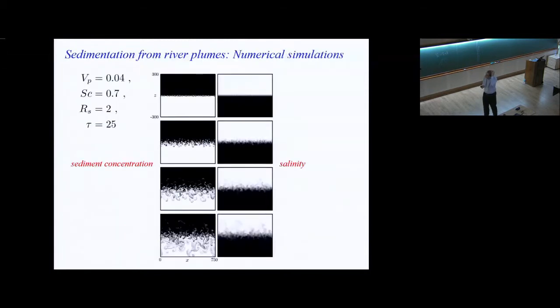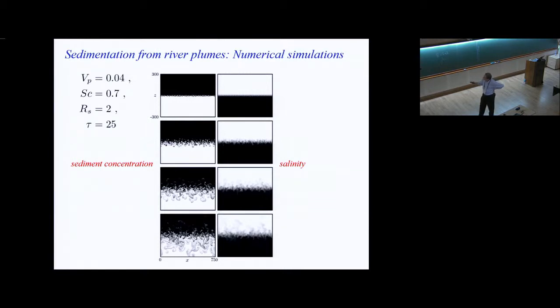So let me just show you some still pictures from a first two-dimensional simulation. So here time progresses from top to bottom, and in the left column we see plots of the sediment concentration field. In the right column we see the salinity field.